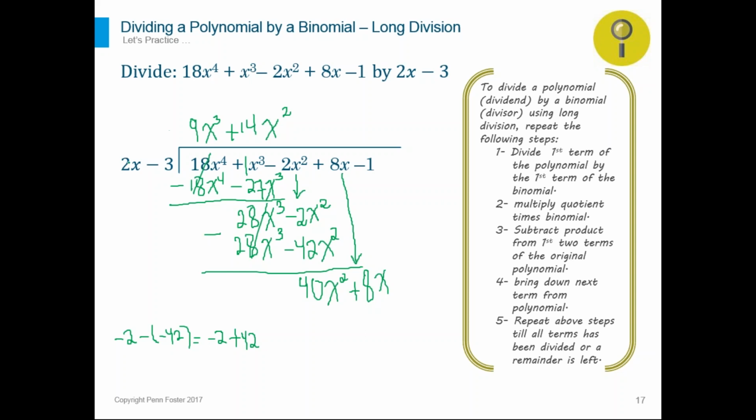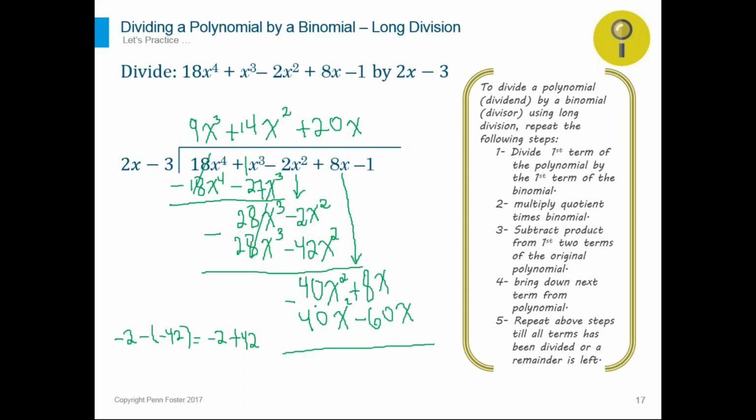40 divided by 2 will give you 20. And x squared divided by x will give you x. Multiply. 20 times 2 will give you 40. X times x is x squared. Don't forget, 20 times negative 3 will give you a negative 60. And we have an x there.